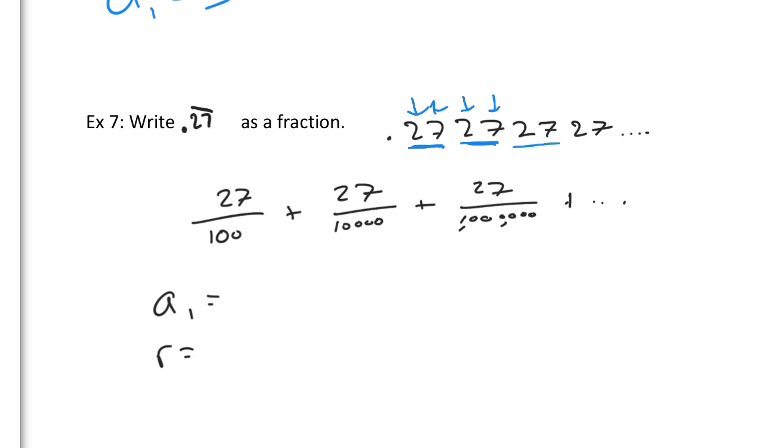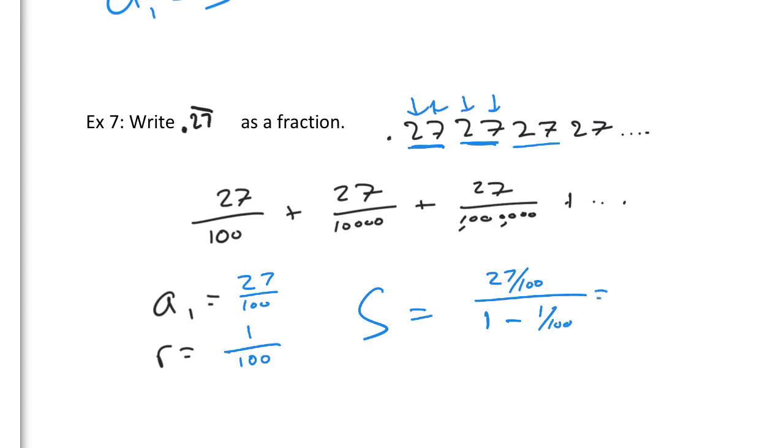And so I see that I have a first term of 27 over 100. And my common ratio, the top is multiplied by 1 every time, and I'm multiplying by 100 on the bottom every time. So my ratio is 1/100th. So that's really an infinite series where the first term, 27 over 100, is divided by 1 minus the ratio, 1 over 100.